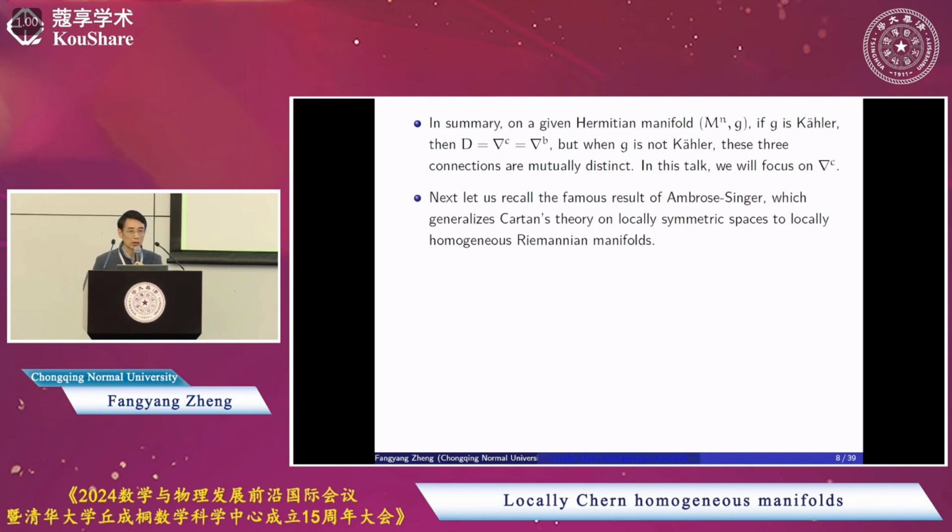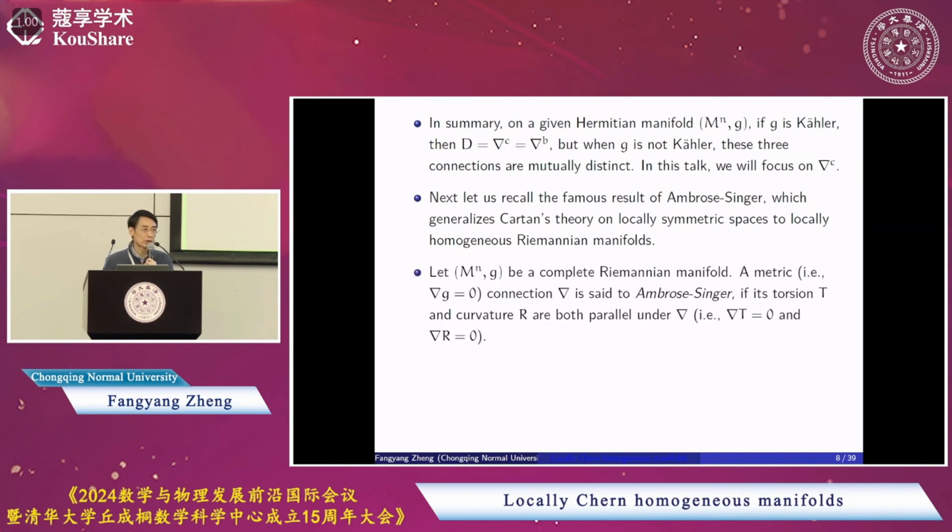Let's recall that from the differential geometric point of view, the simplest space is the space form, namely space with constant curvature, right? And beyond space form, there's the symmetric space studied by Chern, right? And then beyond symmetric space is homogeneous space, right? So that's where Ambrose-Singer came in.